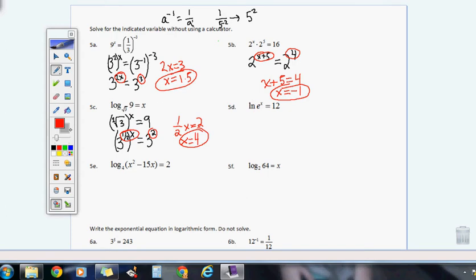Okay, now moving along to 5D, here we go. My best advice to you, and you don't have to use it, is to replace the natural log here with log base e. Because a lot of you think that there's really an e here, there's an e there, there's an e everywhere. Anyways, basically this becomes that. That's the same thing.